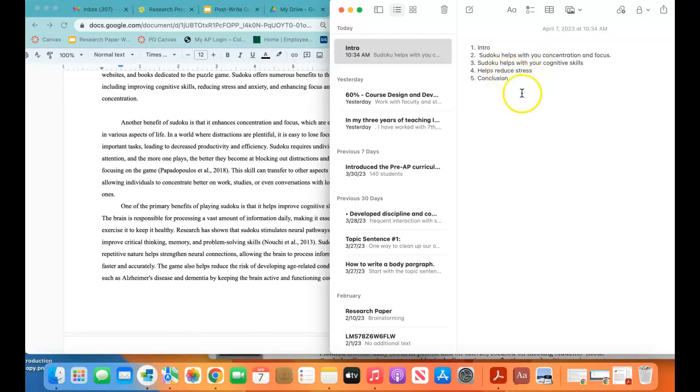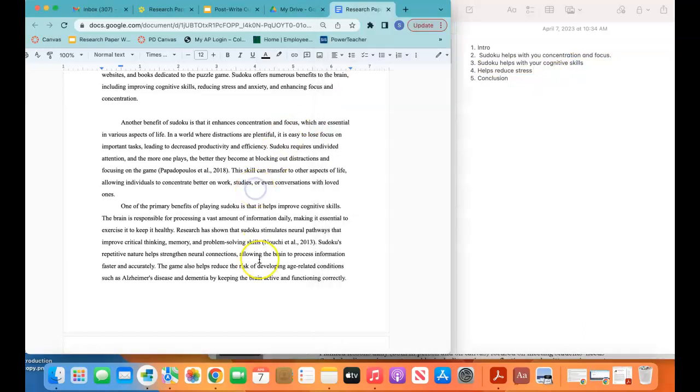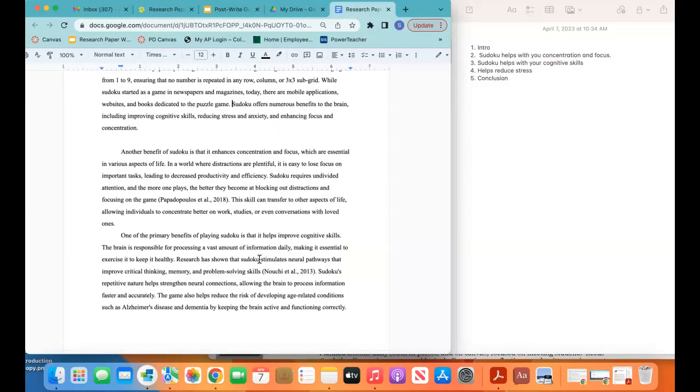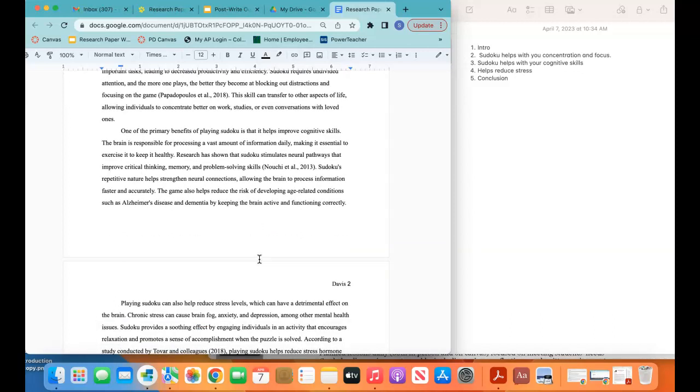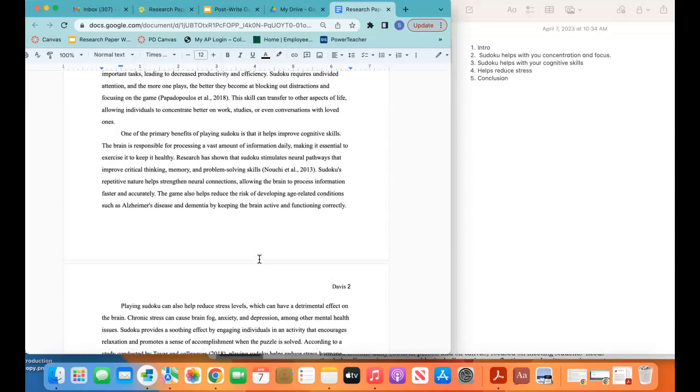I think that's good. How about helps with your cognitive skills? I think that or concentration and focus. I feel like both of these are important, but thinking about my cognitive skills paragraph, it talks a lot about long-term effects of your brain, if you don't improve your cognitive skills, there's a lot of health risks, and just your brain working faster.